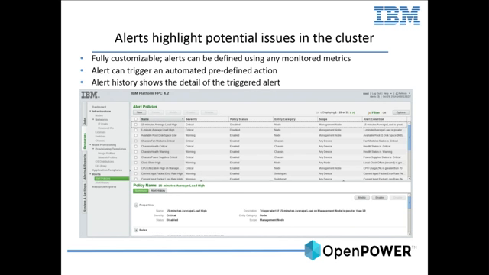For example, you can just send an email when something happens, or send a text message to the system administrator. Also, we are still enhancing the alert function in our product, so we will have event-based alert that will be more efficient and more real-time.